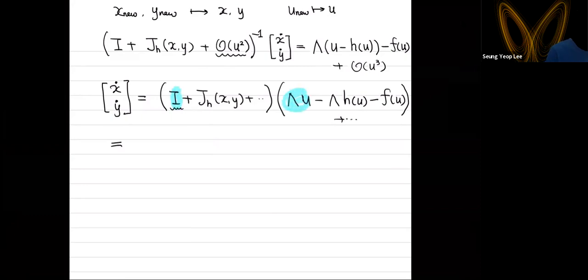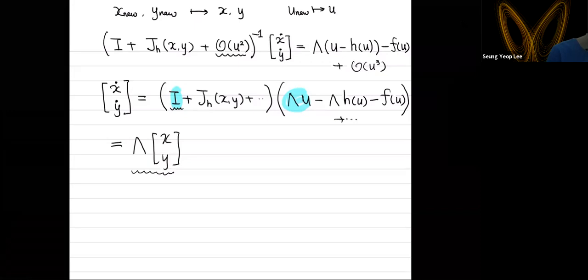This is the dominant order. So the first term is lambda u. Let's use x and y. So that's obviously the linearized part. Linear part doesn't change because our correction is all sublinear. Okay, now this is the linear part. So quadratic part is coming from this term, and this term, this term. That's all quadratic. Also, this times this is also quadratic because both are linear.